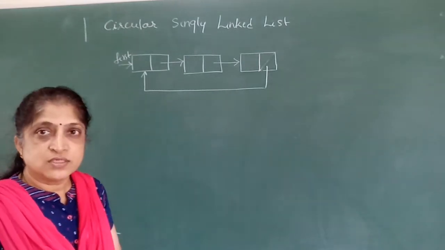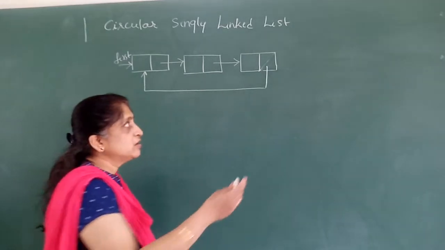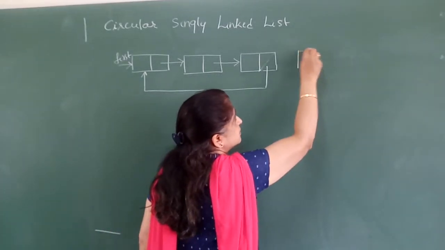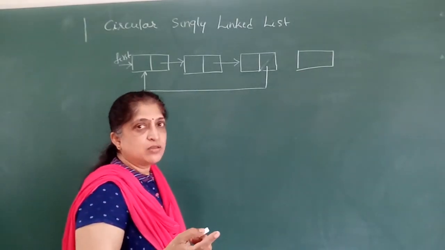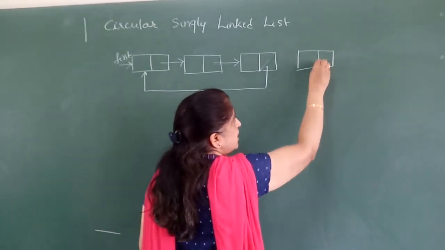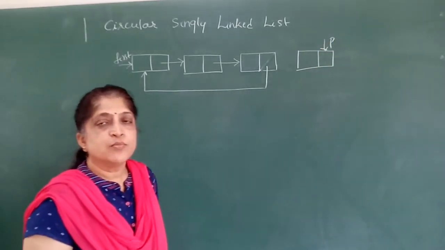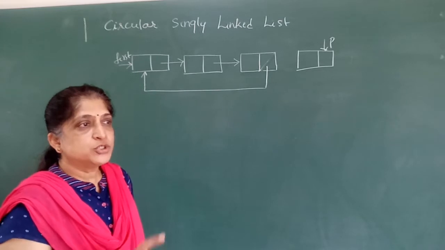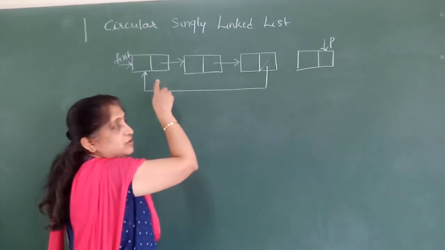Now, if I want to insert a node at the end of the list, then I perform malloc. That is, I get a node, in C of course it is malloc, and some pointer P will be pointing to it. Now, I should make this node point to the first node.